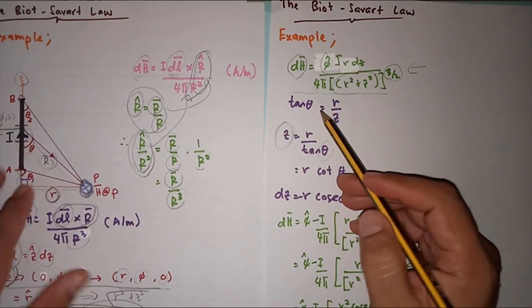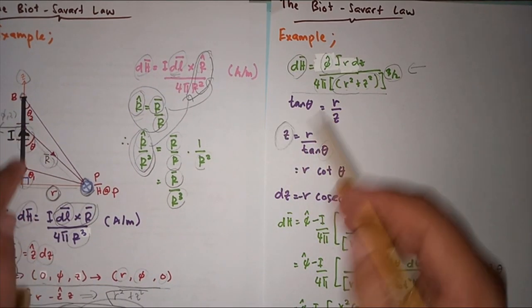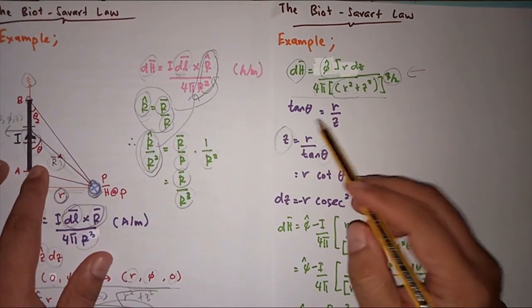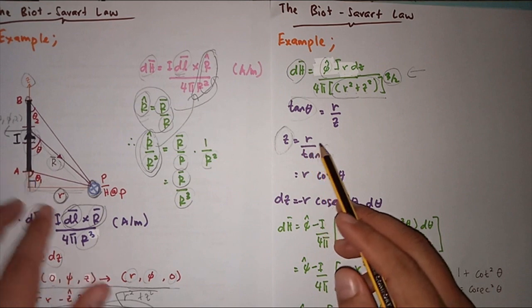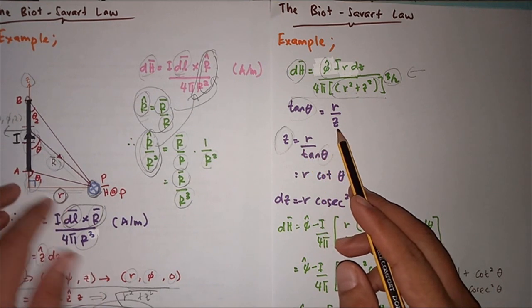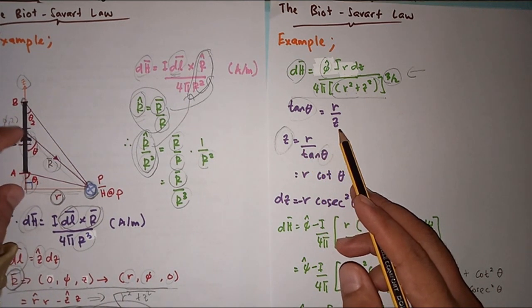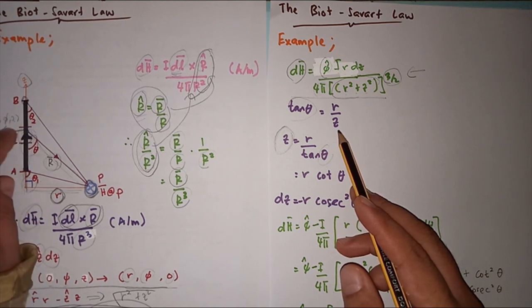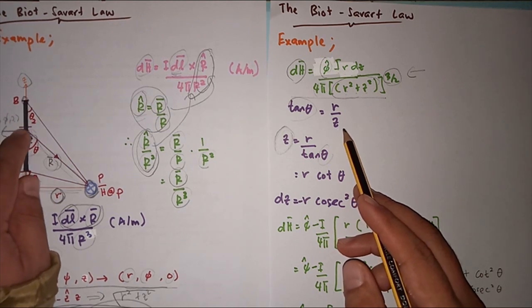Based on this triangle, the tangent of theta can be represented by r divided by z, where r is the length from our origin to the center point of the conductor.